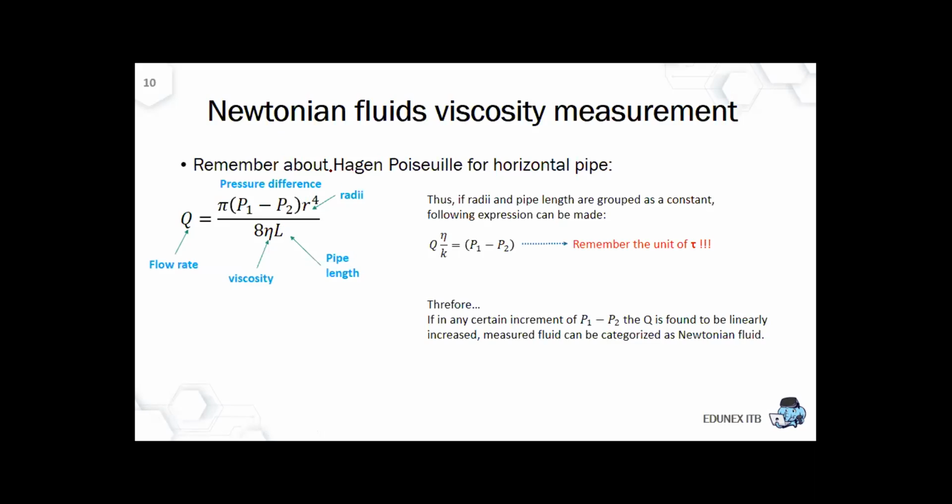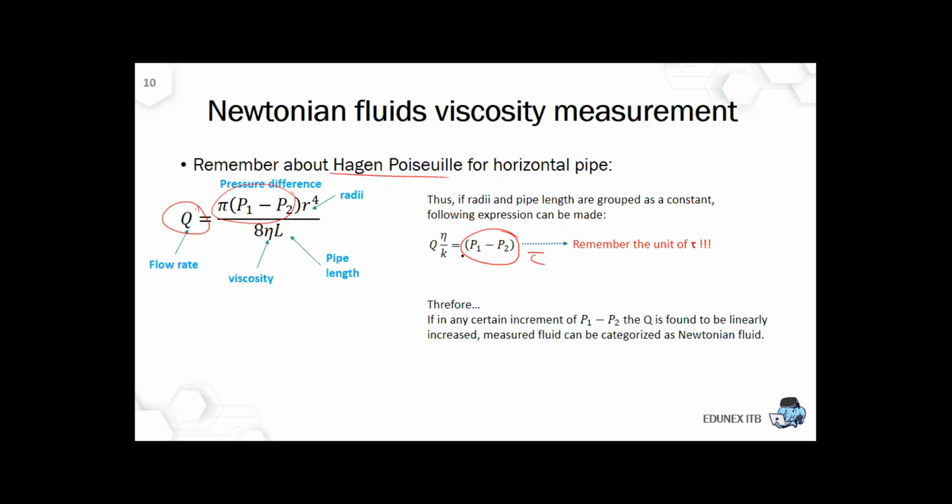You still remember the Hagen-Poiseuille equation for a horizontal pipe. They measure Q, then they get the viscosity. This delta P is measured as the constant. Here you can see this one is equal to tau, isn't it?